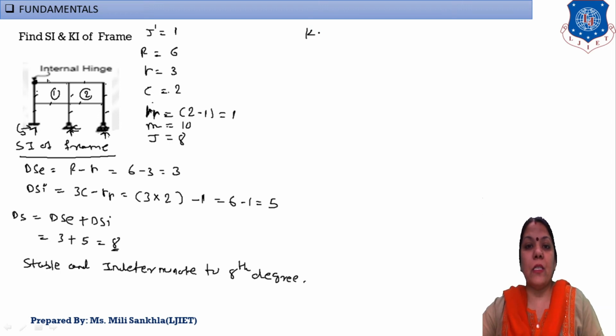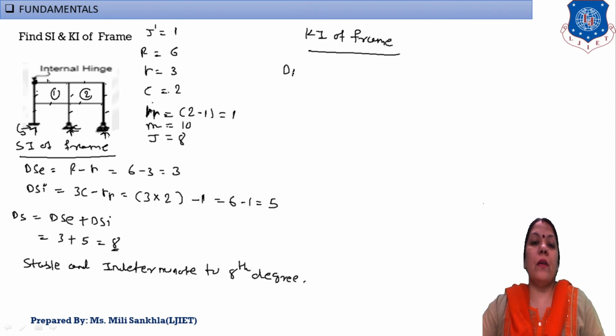Here an internal hinge is given, so our equation is changed. KI of frame: DK is equal to 3j plus j dash minus r plus rr.